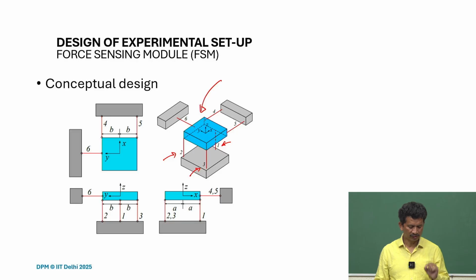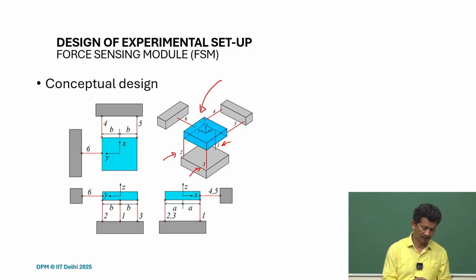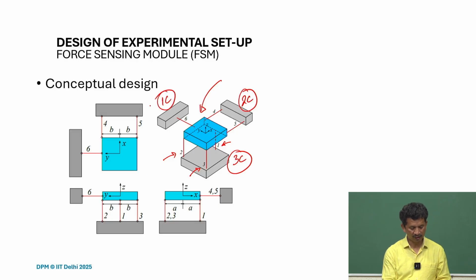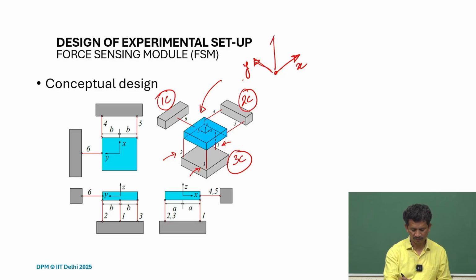So for the time being, just assume that these are like constraints, so 1, 2, 3 constraints from the base. On the other side, 4 and 5, 2 constraints here if you see, and then 1 constraint from this side. So if we put x, y, z at the center, these are the directions, x, y and z.